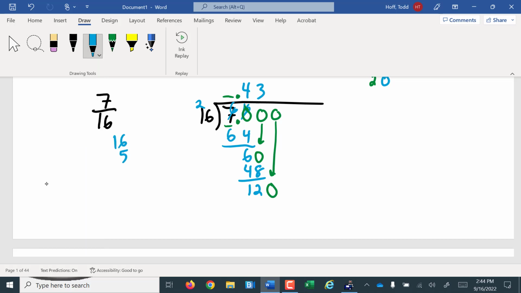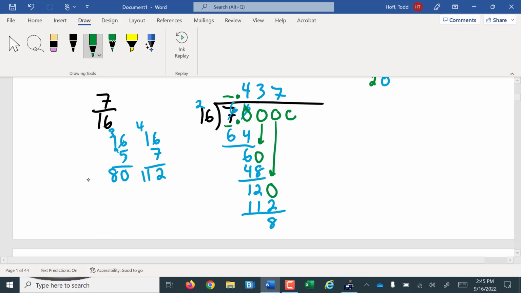Let's try 5 times 16. 5 times 6 is 30, so 0 carry the 3. 5 times 1 is 5, plus 3 is 8. Too small. 7. So 7 times 6 is 42, so 2 carry the 4. 7 times 1 is 7 plus 4, 11. That looks like a winner. So 7, and this would be 112. We would subtract to get 8.